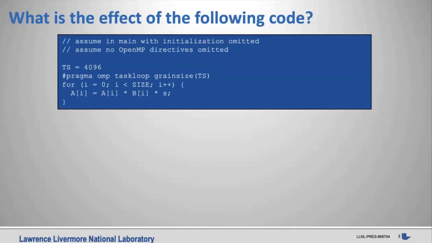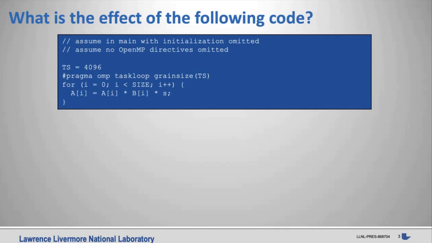So to illustrate one of the significant new features, I like to use a simple example. It's a very short program. Assume it's in main. I've omitted the initialization of the arrays A and B, because it would take up a lot more space to specify how we get the initial values for those arrays.